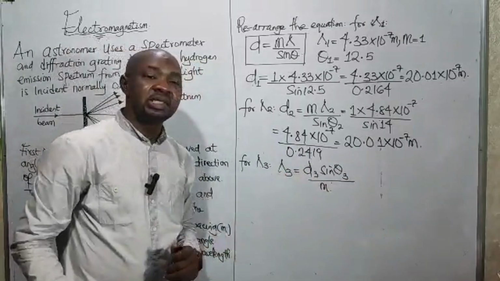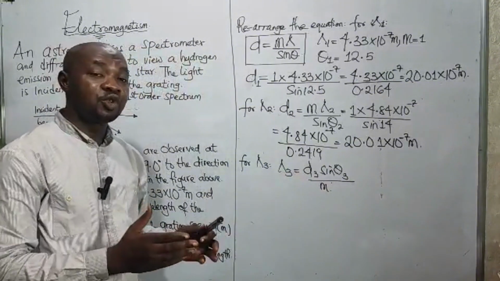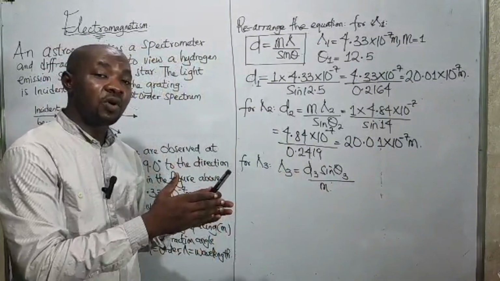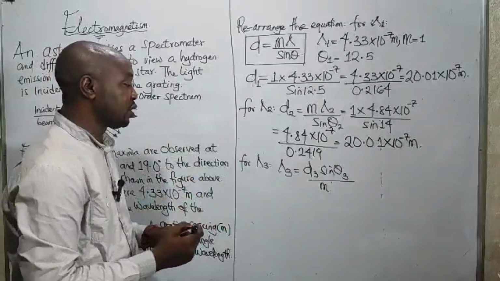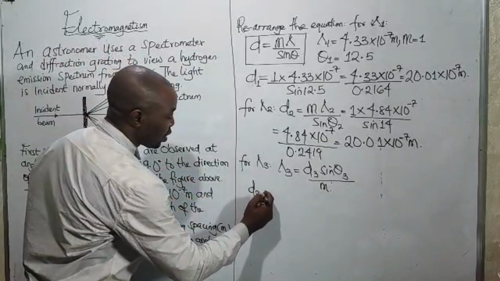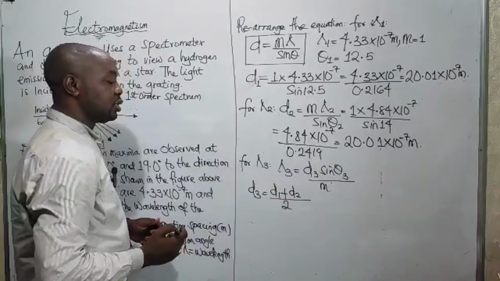Now, what is D3? To calculate D3, D3 is the average between the spacing grating of the first line and the spacing grating of the second line. So D3 is the average between D1 and D2.